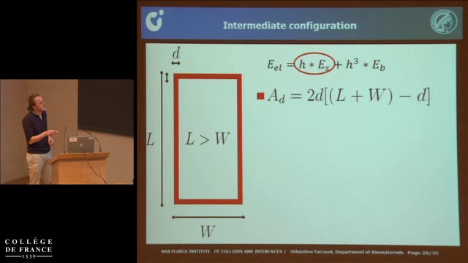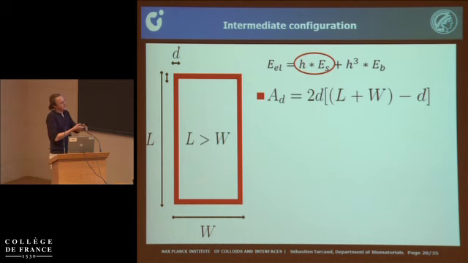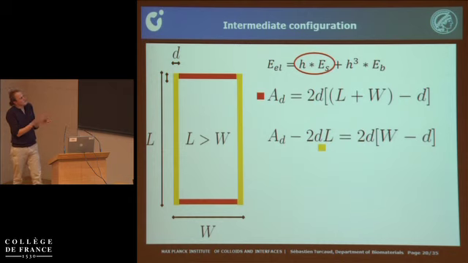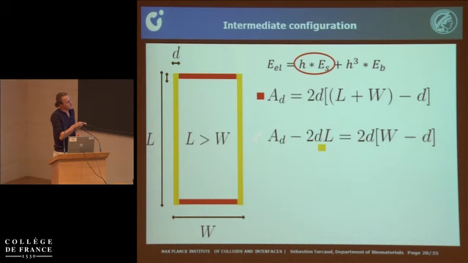Here A_d is simply the area of this crown around it. If it's flat, it's a double stretched area, so it's very costly in energy. Now if we allow it to roll along the long side, we can subtract in yellow from A_d those two contributions, and then we only have those small red areas as double stretching.